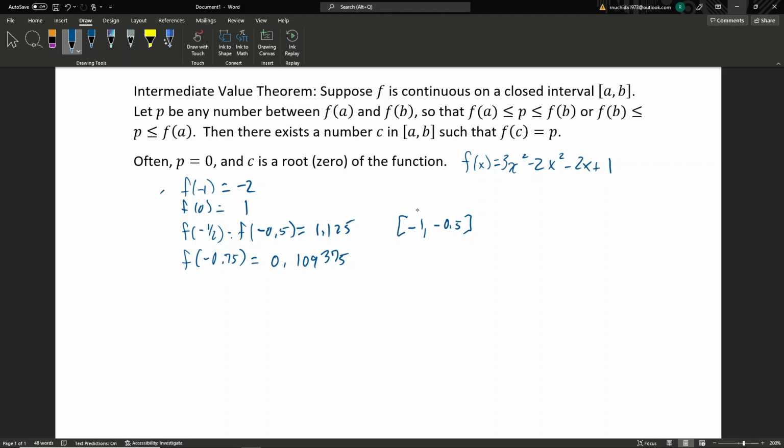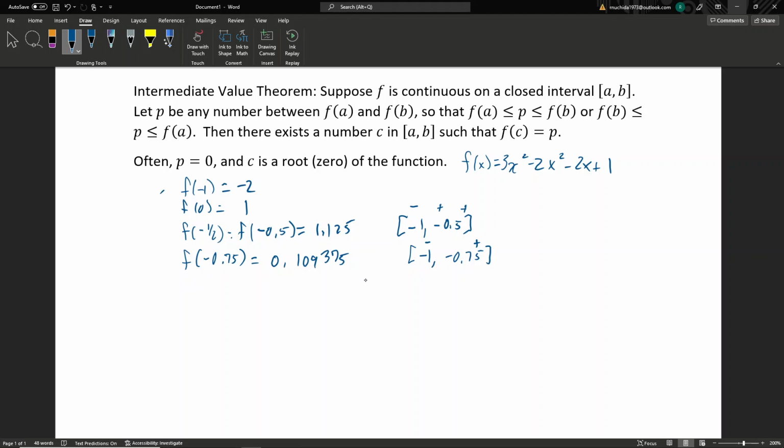Now the main thing, it's positive. So remember, when we plugged in negative 1, it was negative. When we plug in negative 0.5, that was positive. Now we plug in the value right in between, it's also positive. That must mean the 0 must be between negative 1 and negative 0.75, because again, we know it's negative there, positive there.